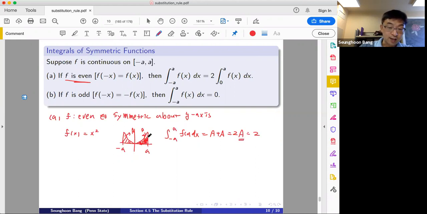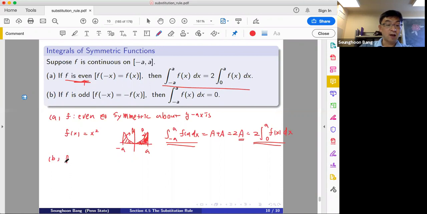Only the right-hand side is needed: the integral from 0 to a of f of x dx. This is one good result, and it is true of even functions.